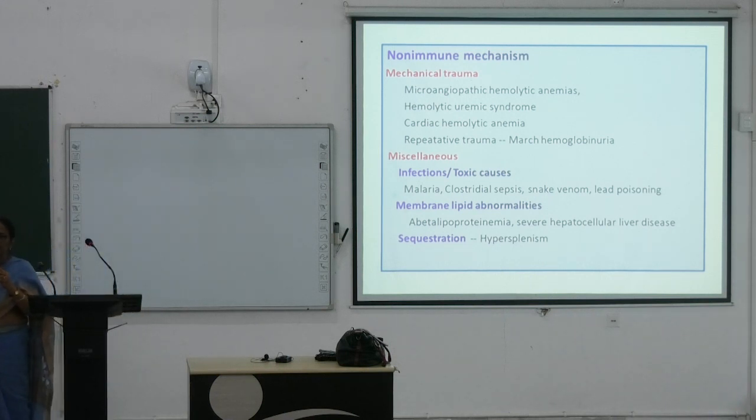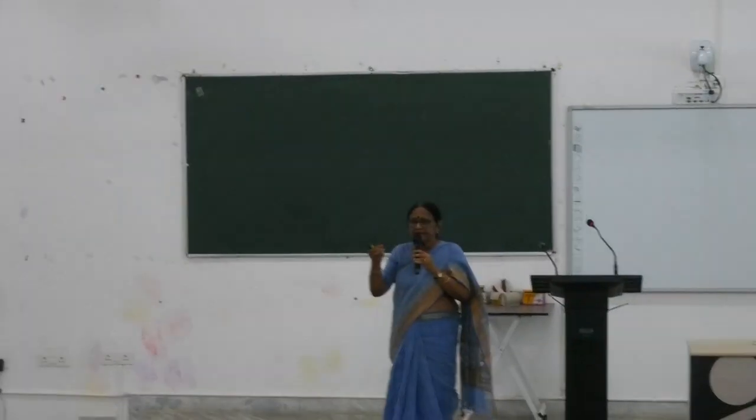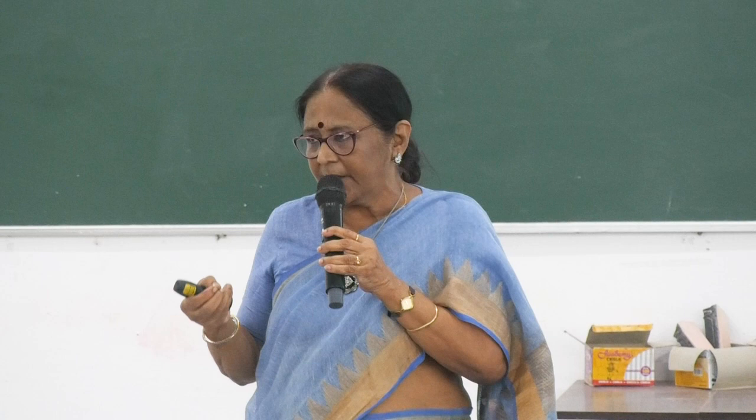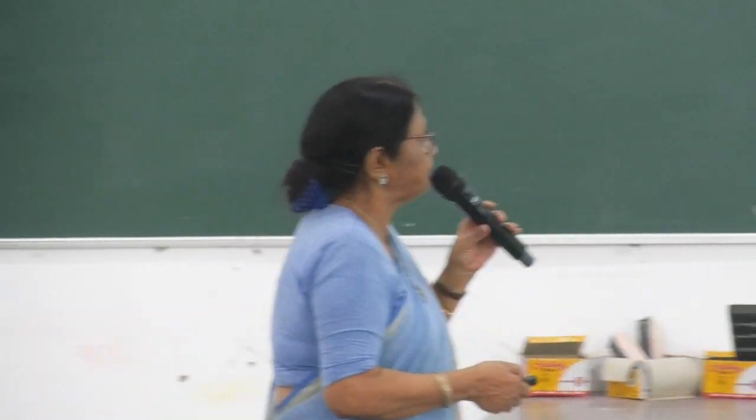But these microthrombi often occlude the renal vessels. Renal vessels, I mean the microcirculation of the glomeruli, and there is uremic syndrome.